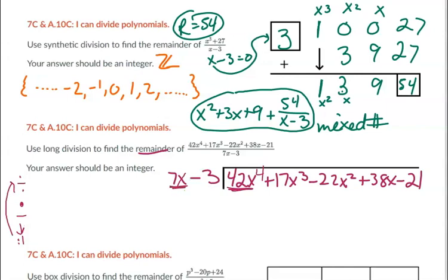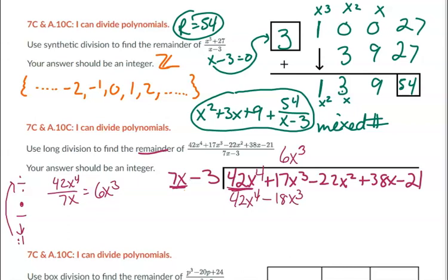So when we're dividing, we're going to divide the two leading terms. 42x to the 4th divided by 7x is going to give you 6x cubed. Let's write that on top of the x cubed term. We're going to multiply 6x cubed times our divisor, so we have 42x to the 4th and then minus 18x cubed.